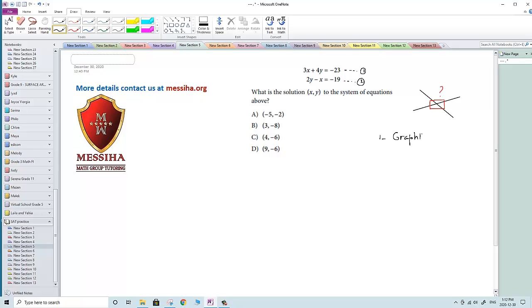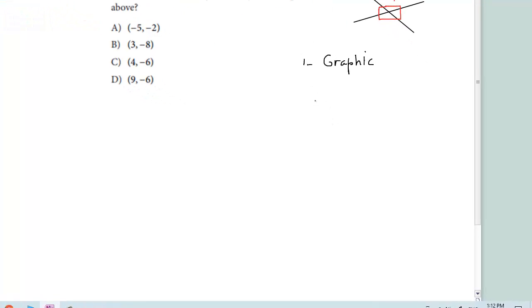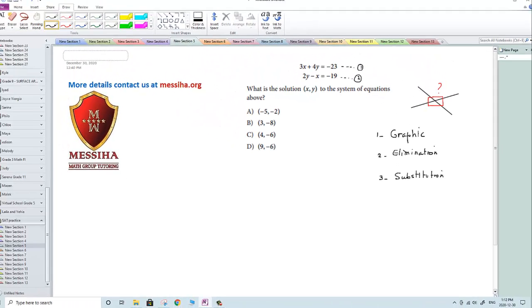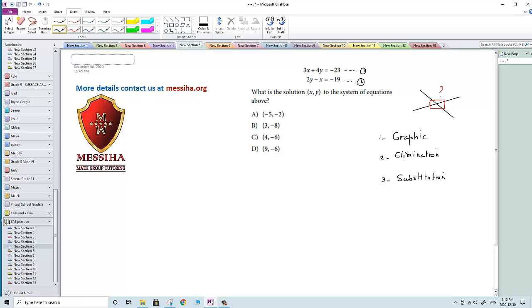The graphic method, which is very long and we need graph paper. The second, the elimination method, and the third is the substitution method. And you are free to use whatever you like because it didn't mention anything.